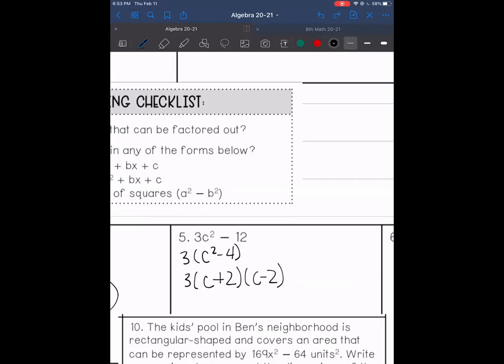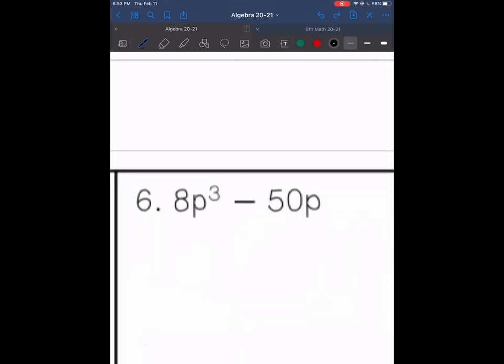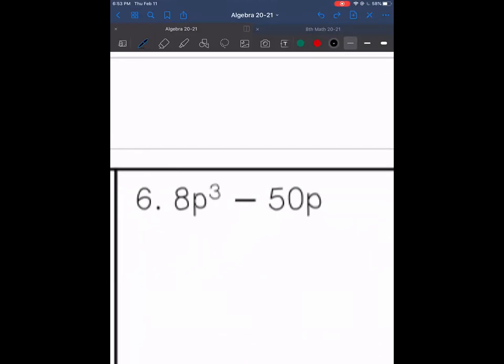One more practice. I'm hoping that you're understanding that this is probably one of our easier types of problems to factor, but it will be difficult if you are not recognizing your perfect squares. Okay, looking at this, 8 and 50 are not perfect squares.